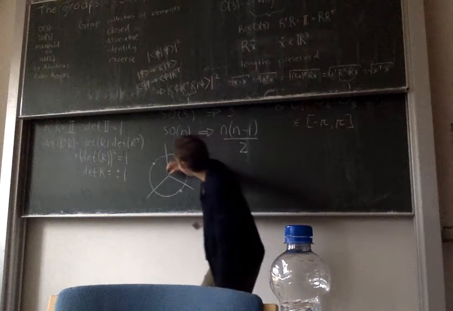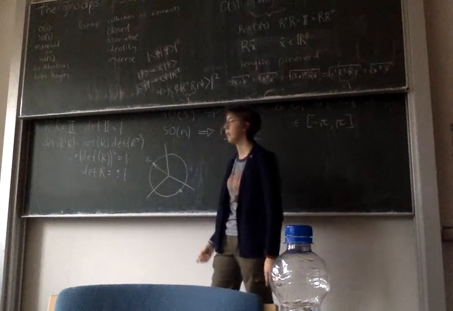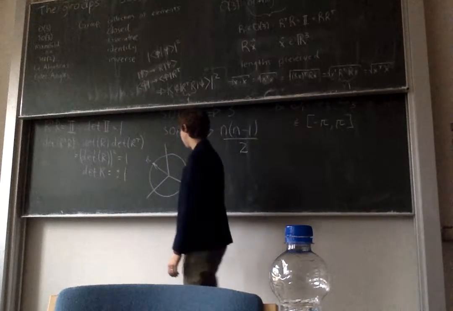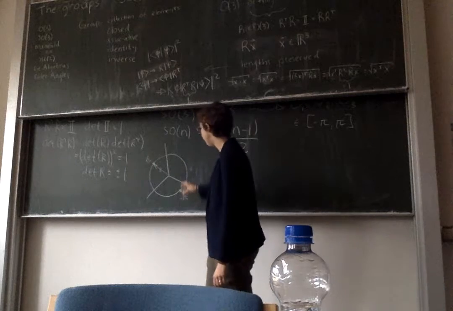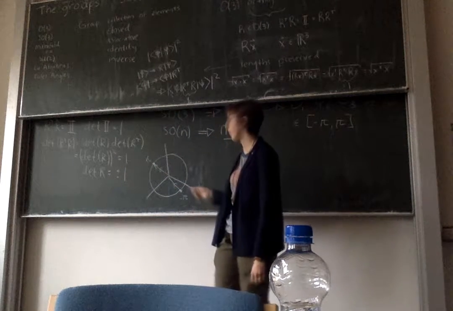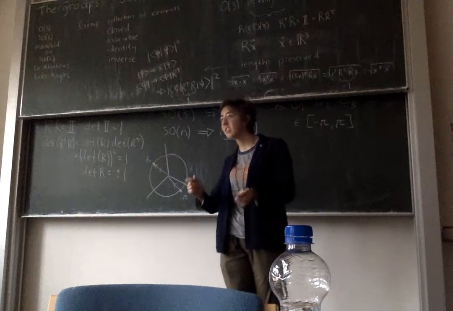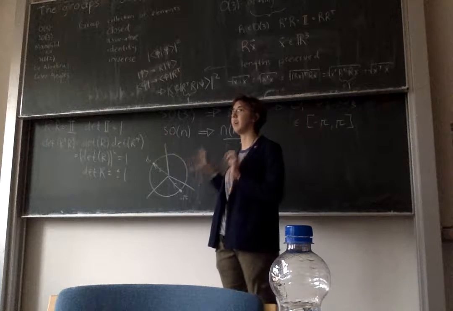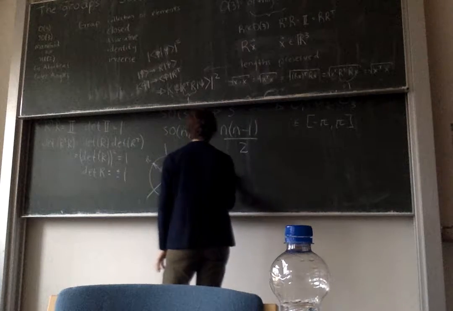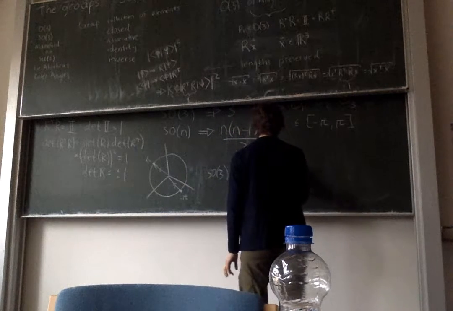So if we take a path from the identity out to some point pi, we get to the point negative pi, because they're the same point. And then we make our way back from negative pi. This closed path can't be shrunken down to a point. So heuristically speaking, this group is not simply connected. So SO3 is not simply connected.